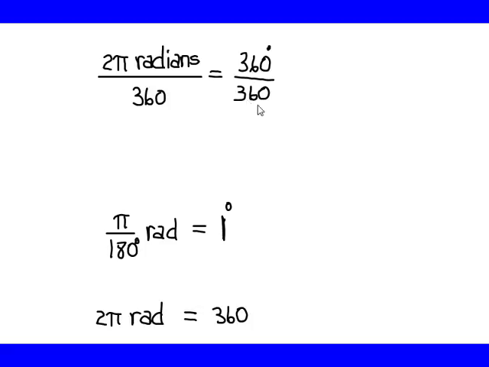Now we divide both sides by 360 and simplify, and we know that 1 degree is equal to pi over 180 radians.